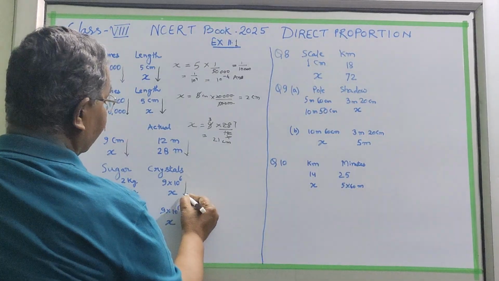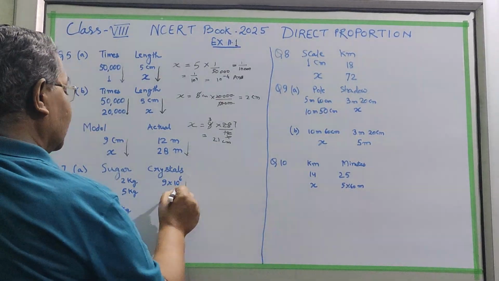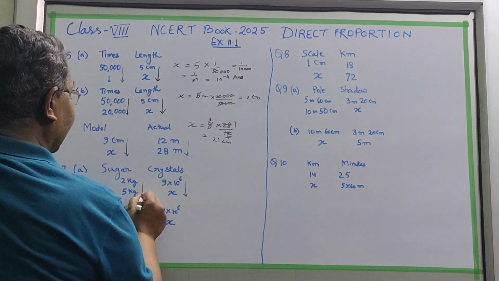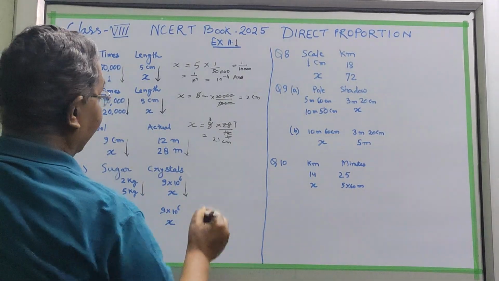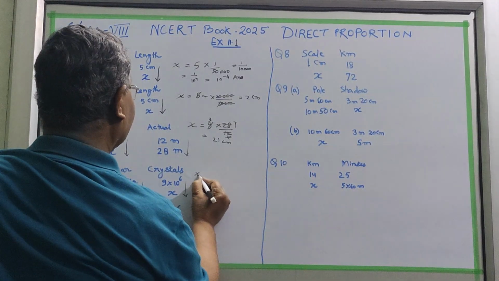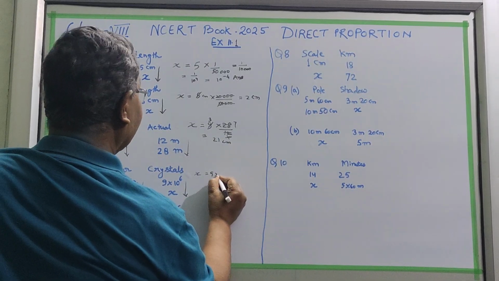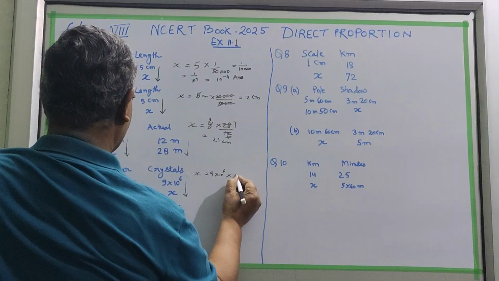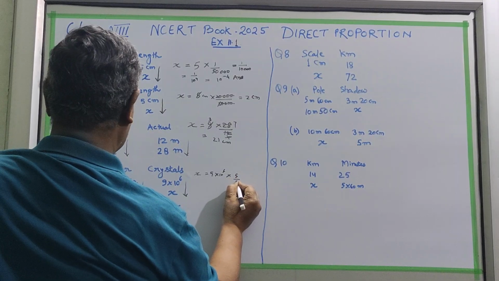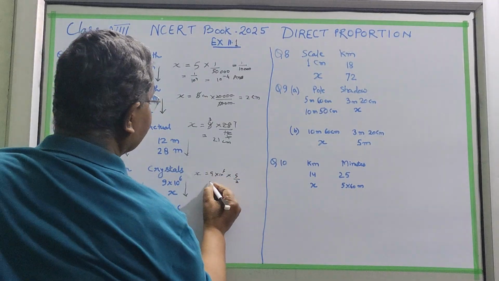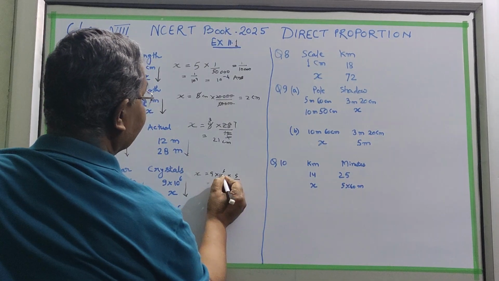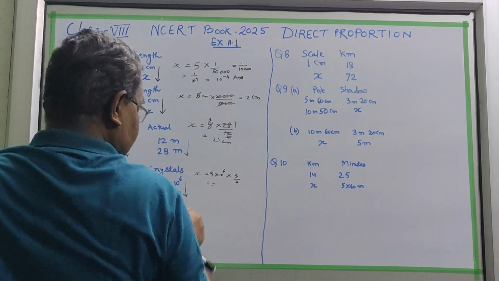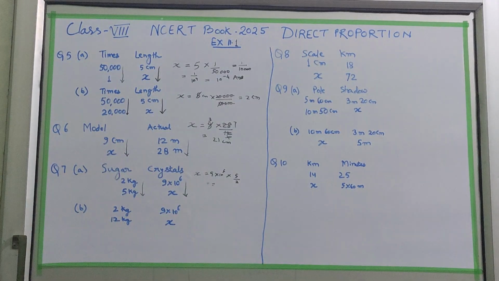So the arrow will always be towards x only. Being direct proportion, here also the arrow will be in the same direction. So here x equal to 9 into 10 to the power 6 into 5 upon 2. To solve it, because 2 we can cut it, we will expand it.